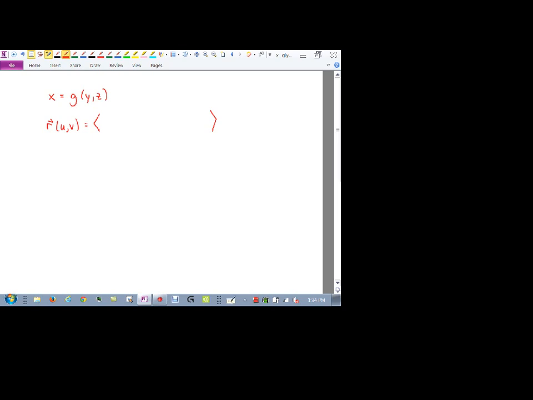Why don't we let u be y and let v be z? Is that okay? So my y is going to be u and my z is going to be v, is that all right? Then what's my x? It's some function of y and z, right? g of yz.